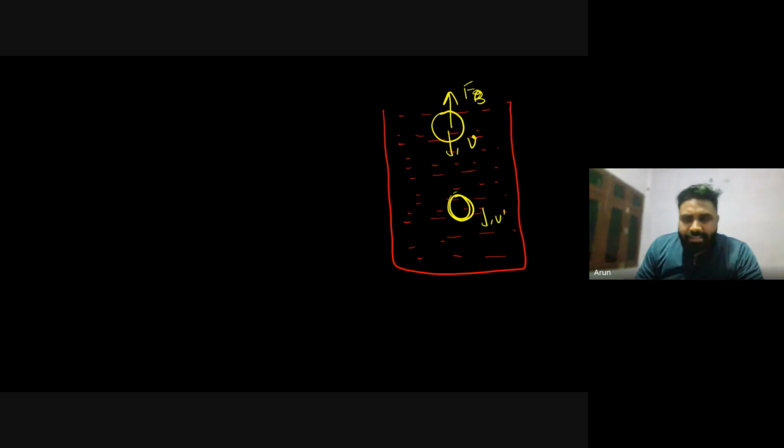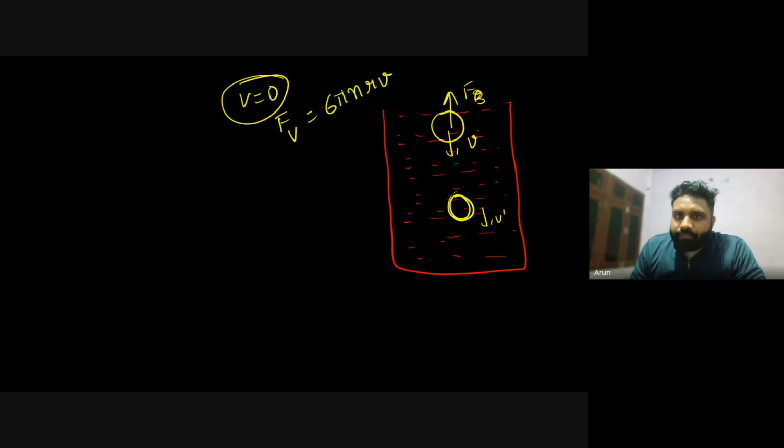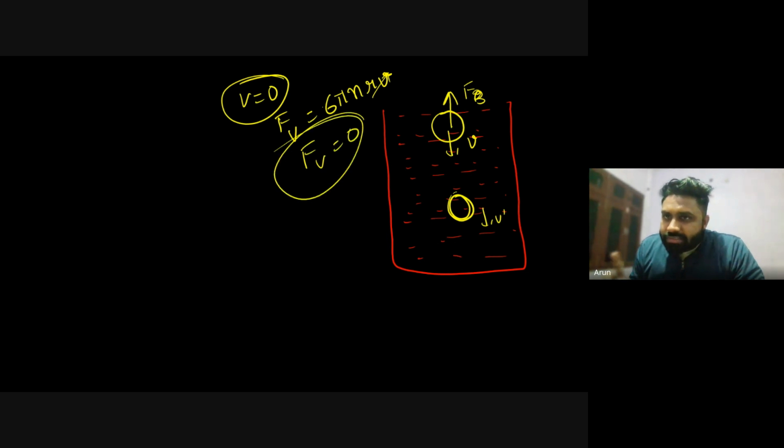No. Initially, you just drop that, let's say. So initially, if you are dropping, the velocity is 0. Viscous force is equal to 6 pi eta RV, but V is 0, so there is no viscous force. But initially, the buoyant force will apply. Let's say the density of this metal object is sigma, and the density of the liquid is rho.